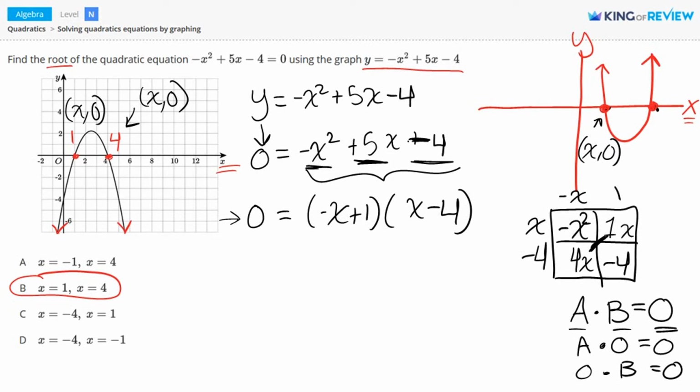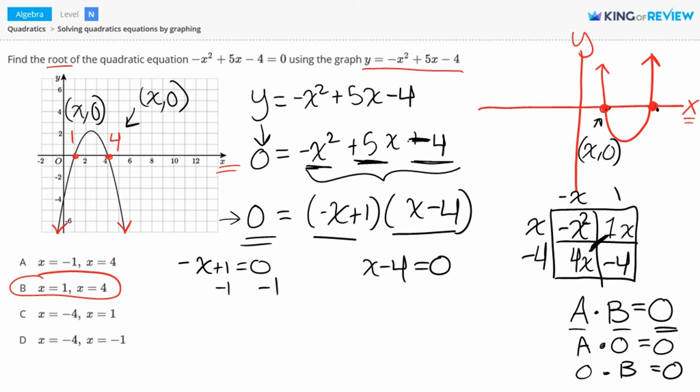Applying that to our problem, if I set either of these two terms equal to 0, I'll get 0 for the answer. So let's do that. Let's set each term equal to 0 and solve for x. We have negative x plus 1 equals 0, and x minus 4 equals 0.